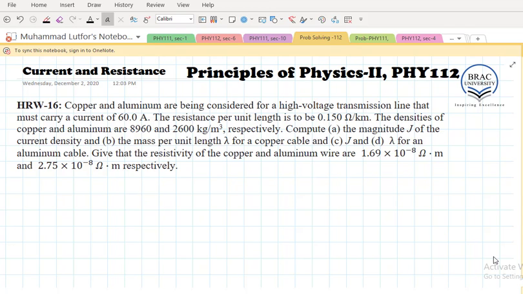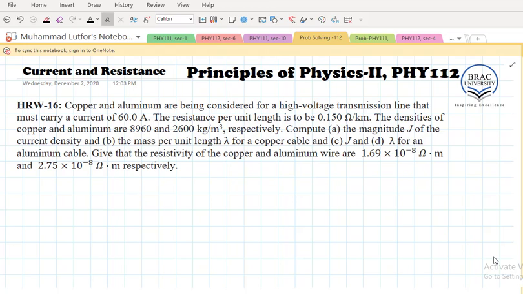Densities of this copper and aluminum are 8960 and 2600 kilogram per meter cube respectively, which is actually the mass density. Now we have to find out the current density and the mass per unit length of this copper cable and aluminum cable.